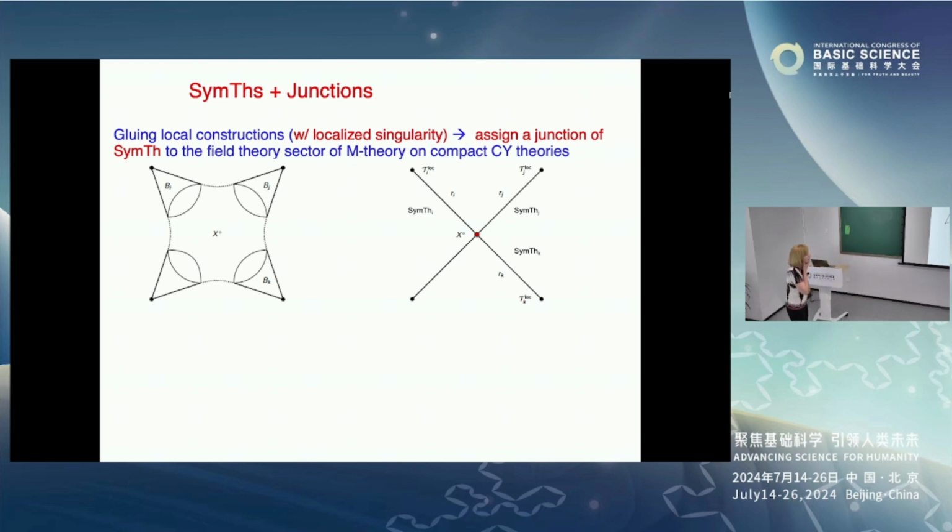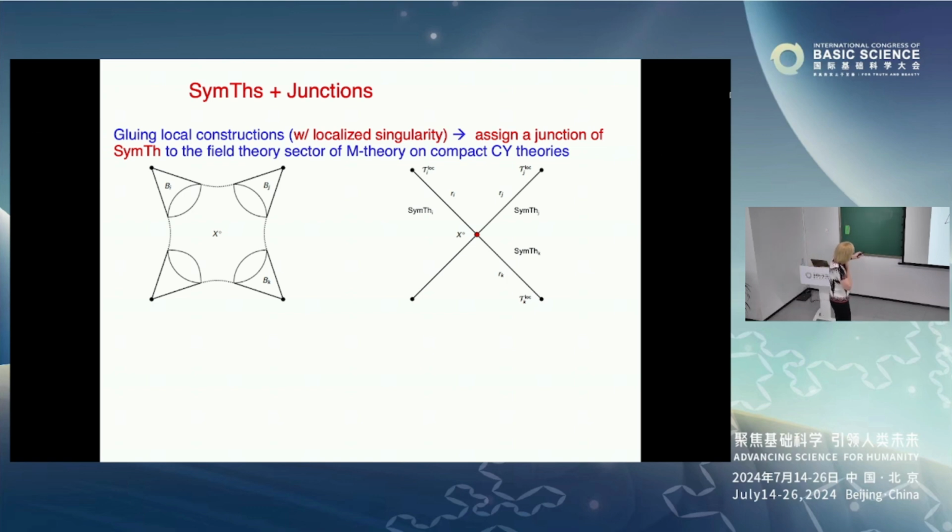And we want to really address more concretely those issues now from the perspective of symmetry theories as well. Okay? And so this is now the simplest example where we have singularity at the bottom of these non-compact cones, and we are gluing them together.